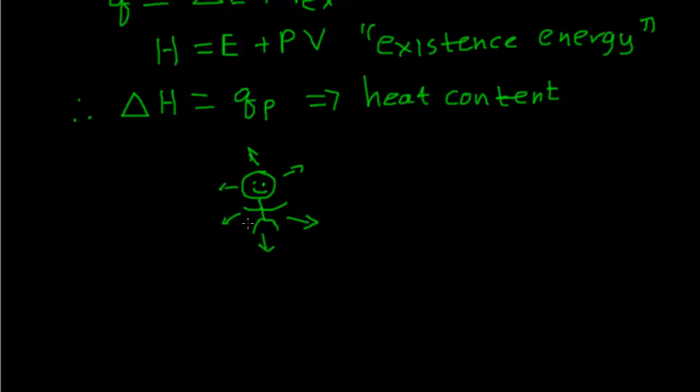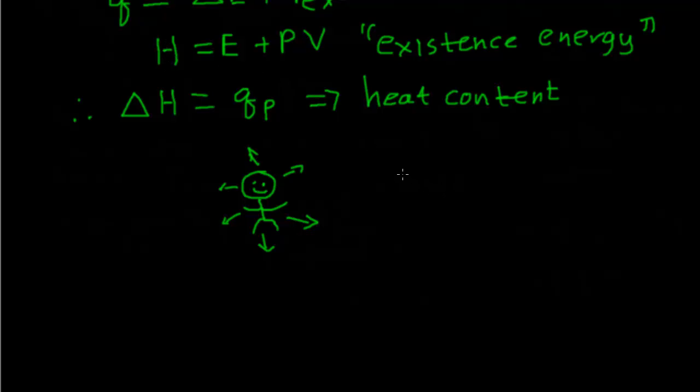So you have to consider all the energies of their particles moving around and interacting, their potential energies, and you also have to add in this bit, the plus P times V. That's the work done to push the rest of the surroundings out so that an object can exist in the world. Anytime an object changes, it may change its internal energy, but it also might change the amount of space it takes up, and that will change its existence energy, this thing that we call enthalpy.